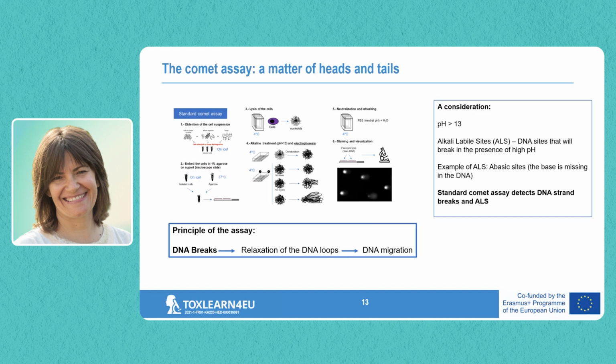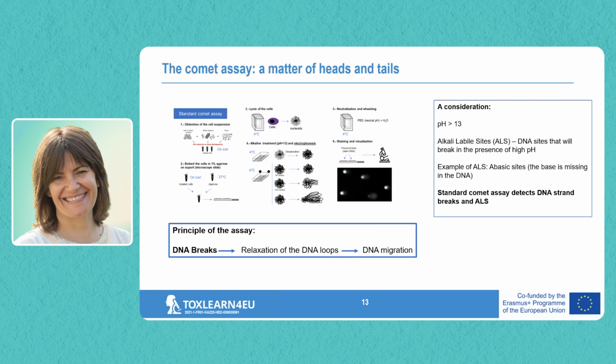A consideration: we are using a pH higher than 13 in the alkaline treatment and in the electrophoresis. And there are some kinds of lesions called alkali labile sites. These are DNA sites that will break in the presence of a high pH. This is the case of the abasic sites, those places where the DNA has lost the base.